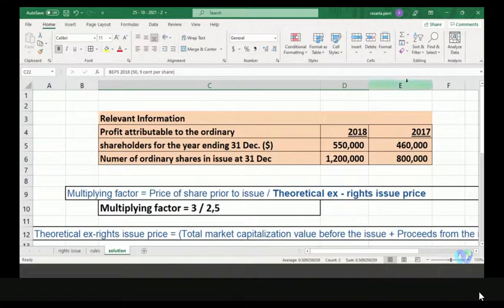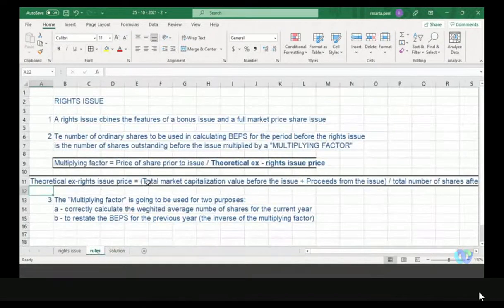What do you think? So let me make a summarization of all what we said. In case we issue rights, we have to take into account that the rights issue actually is not a full market price issue. That is, we don't collect as many resources as we should collect in normal conditions. That represents a combination between a bonus and a full market price share issue.